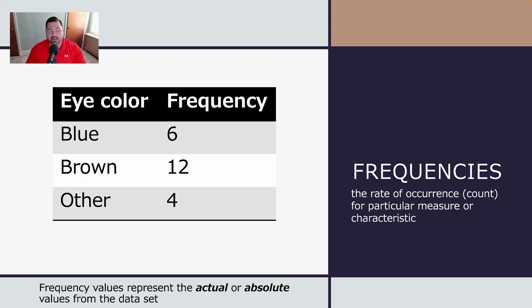What you can see is that if we were to go through the 22 individuals, person by person, and have them check what color eyes they had, we would be able to see and count how many people had blue eyes, how many people had brown eyes, and how many people had other colored eyes. In this case, it was 6, 12, and 4. And so what frequency values really represent is the actual number of people who have an absolute value of a particular characteristic in our data set.